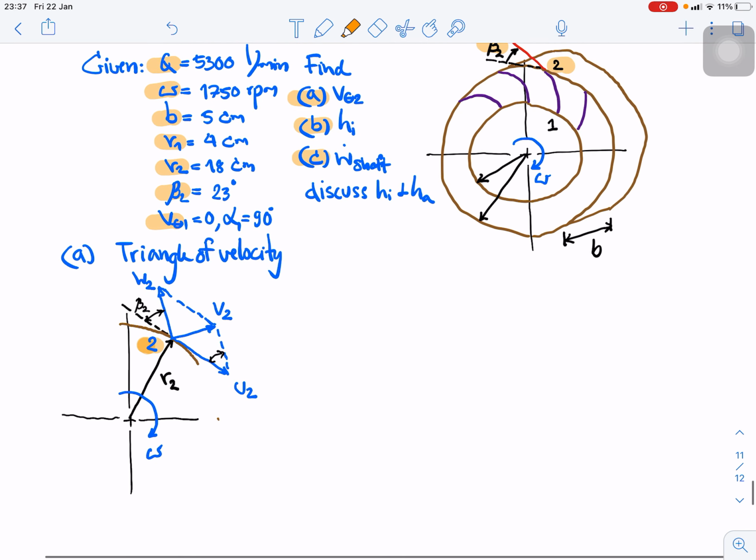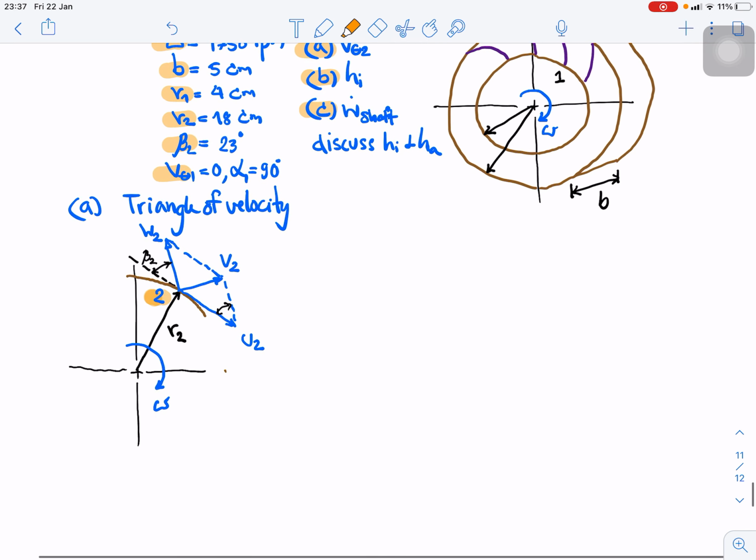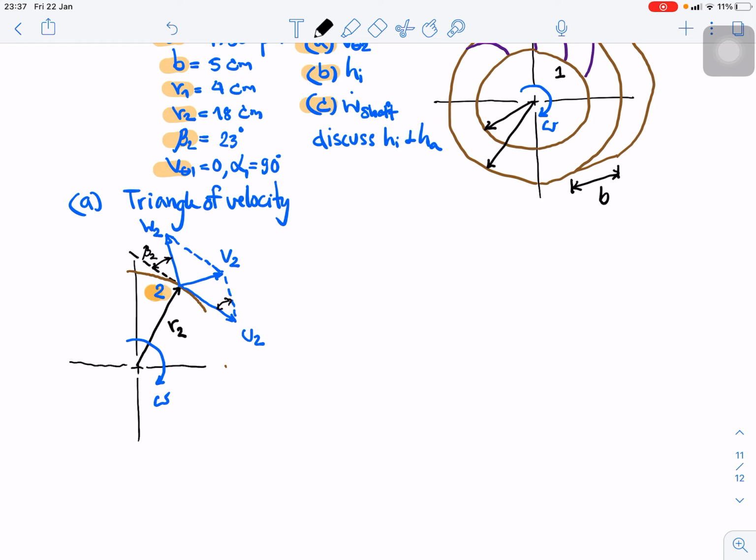Okay, so that is the velocity vector at point 2. You see that the velocity v2 is moving down because the angular velocity is clockwise.